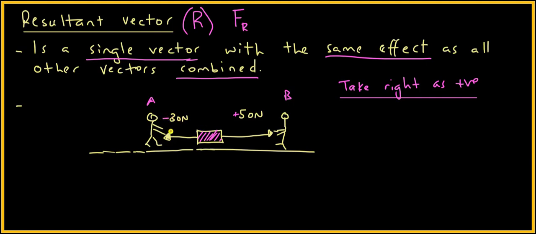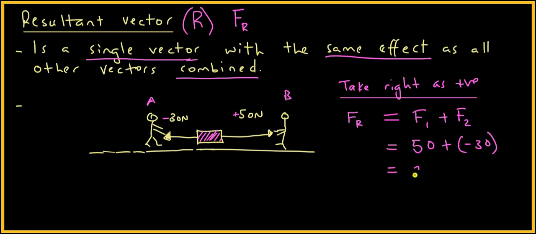And then we simply combine the two. So I'm going to say FR, which is the resultant force, is equal to force number 1 plus force number 2. Force number 1 is 50 newtons plus force number 2 is negative 30. 50 plus negative 30 gives us 20 newtons.